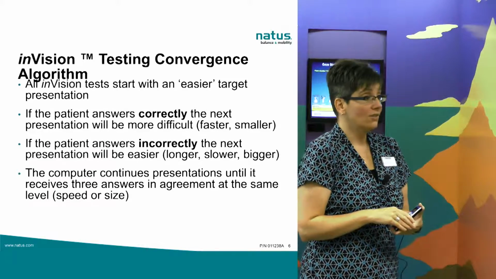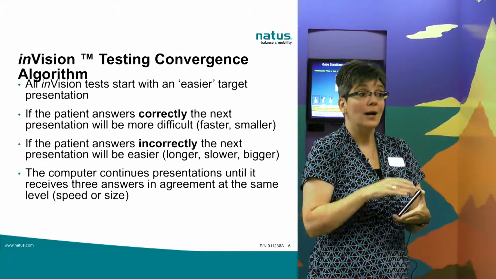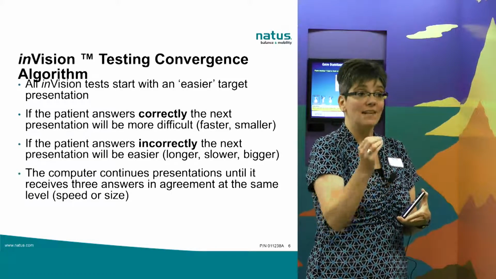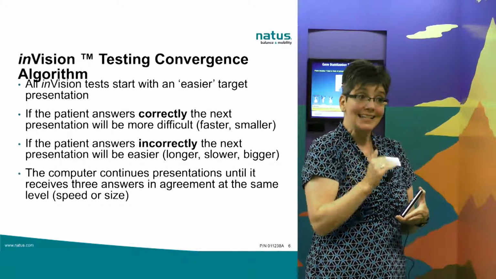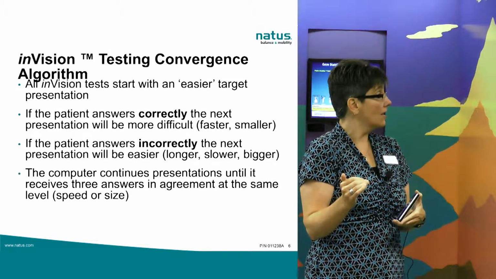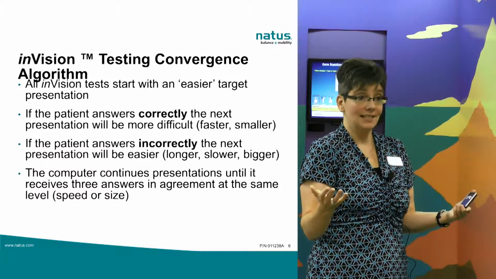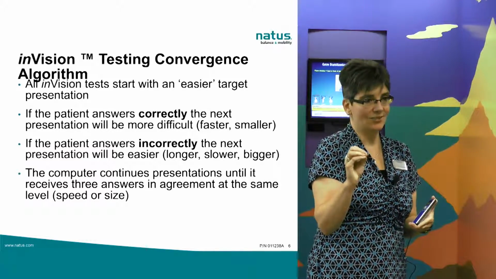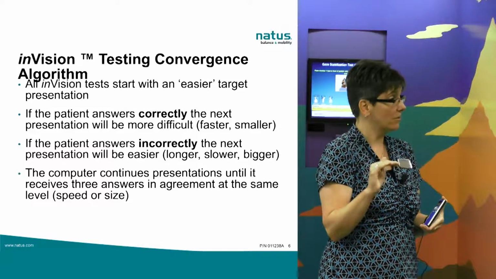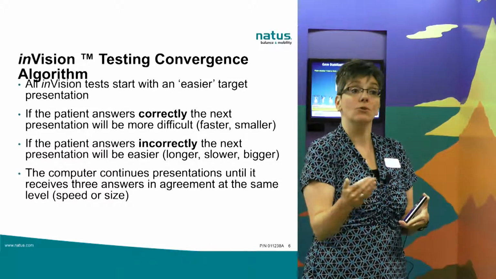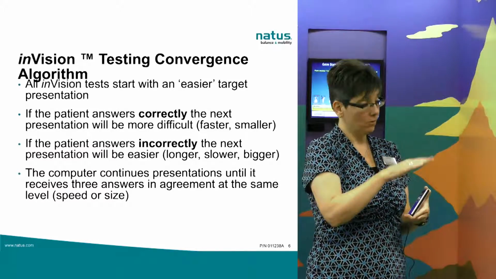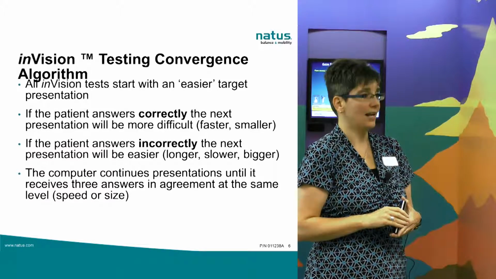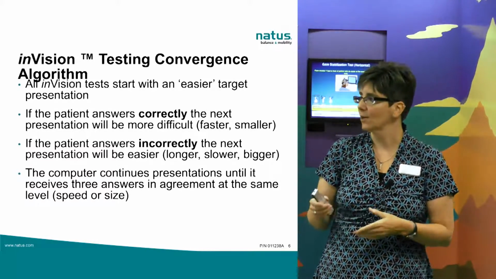As I said earlier, you will be able to see that the computer will give the optotype repeatedly at a certain level because the computer's going to look for consistency. It's not just one right answer or one wrong answer at a level. It's multiple right answers or multiple wrong answers that will allow the computer to know if that's the true level that we're looking for.